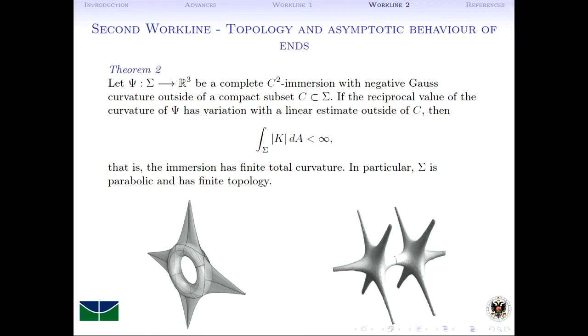Here in the figure we can observe that in the compact area there is no control of the conditions on the curvature, and then the surface can have genus.